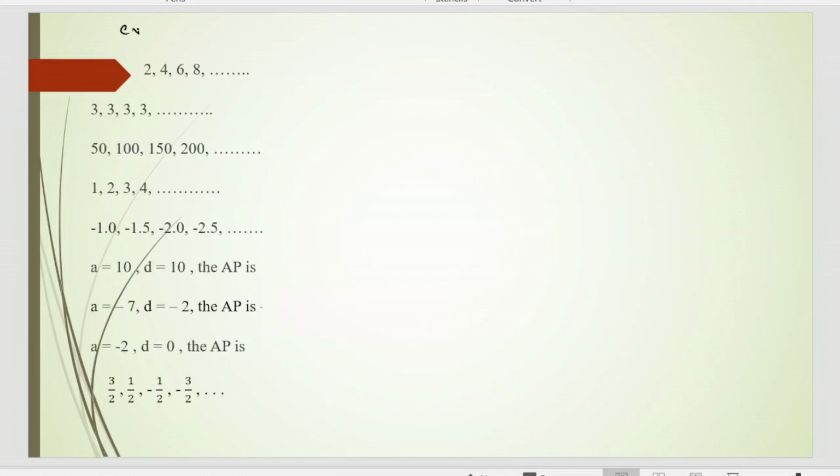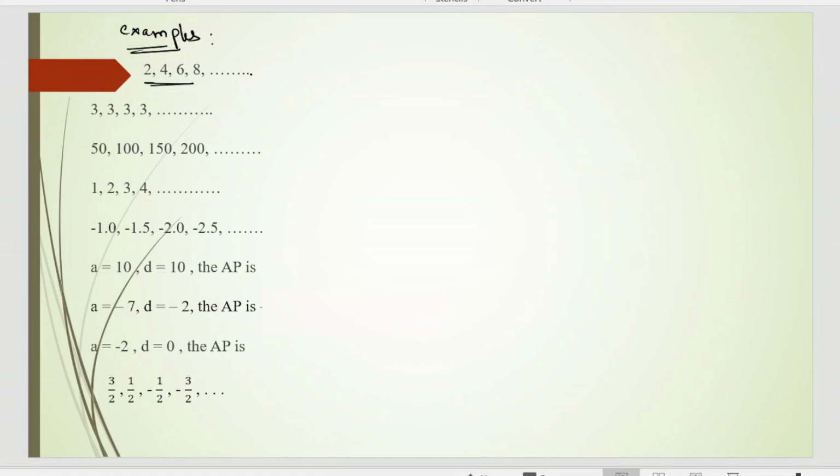Clear? Now let us see few examples and understand what is AP and what is common difference and how do we write an AP. And if we have first term and common difference, how do we write an AP? This is the first example: 2, 4, 6, 8. So is this an AP?